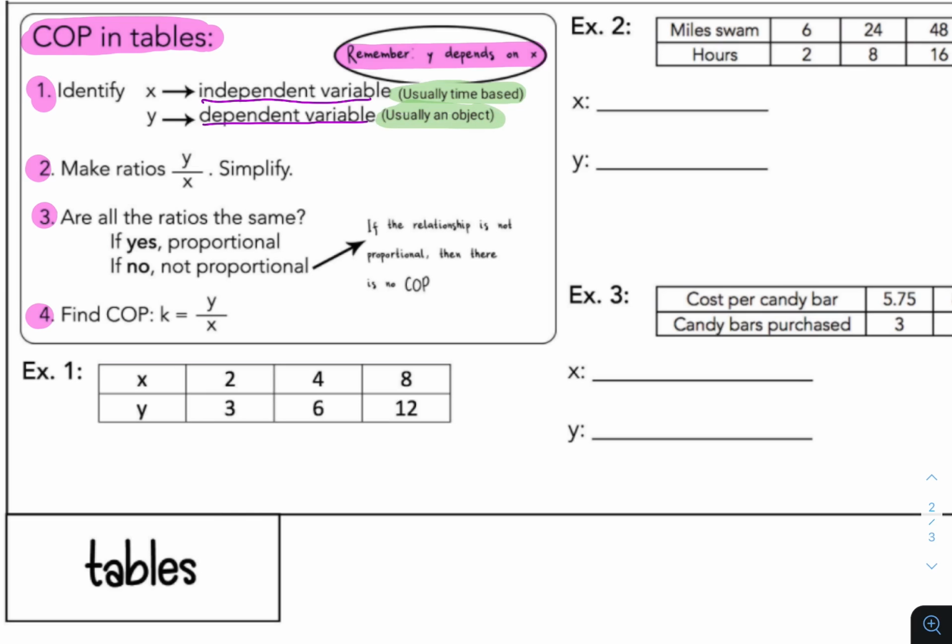Now this part here where it says make ratios, y over x, we know better. We know that that is saying find k, because we're doing a constant of proportionality. The reason why we're finding k or checking for proportionality is because remember, if it's not proportional, there is no constant of proportionality.